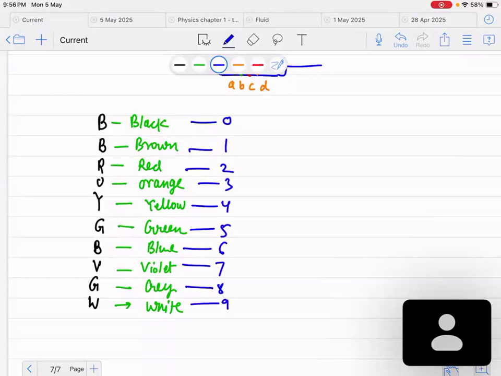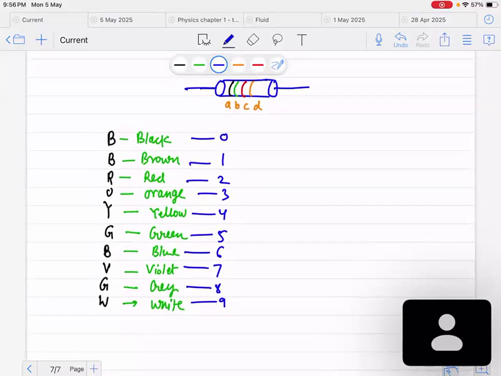Let me explain how you can find out the value. Suppose this is your resistance, and someone says, tell me the value of the resistance. This one is a little bit easy. I'm using 3 colors only: orange, red, and green.